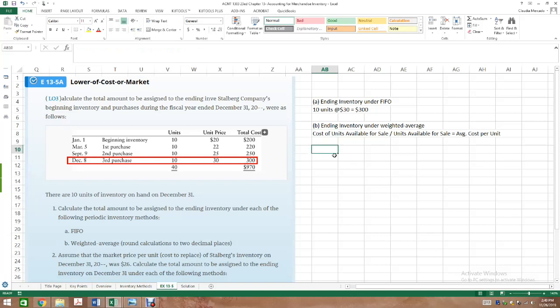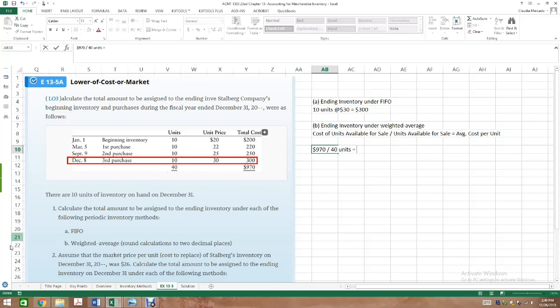Okay, so by doing that, the cost of the units available for sale, my cost is $970. So that's going to be $970. I'm going to divide it by my units available for sale. I have 40 units. Okay.